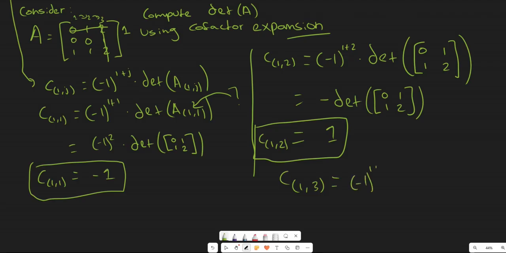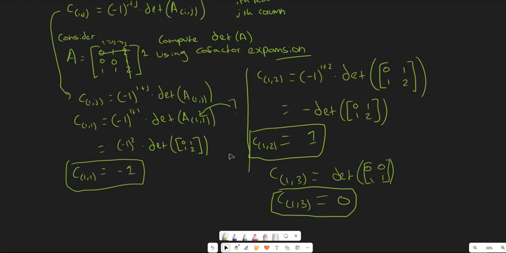So negative 1 to the 1 plus 3, or that's just going to become 4, or that's just similarly going to become positive 1. And so this is just going to be the determinant of 0, 0, 1, 1. And computing that, we get the cofactor of 1, 3 to be 0.